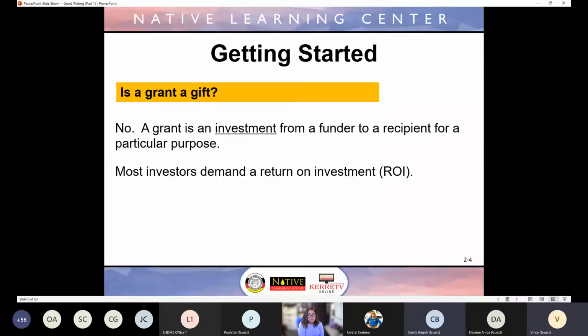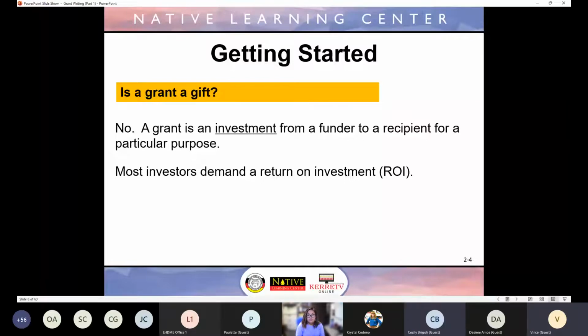What is that grant money being used for, and is it being put to good purposes? It's going to be our job to not only describe accurately and persuasively what that money is going to be used for, but then after the fact, to be able to report on it properly. That's more of the grant management side of the equation, which is a whole other training. That's next week when we get into grants management.